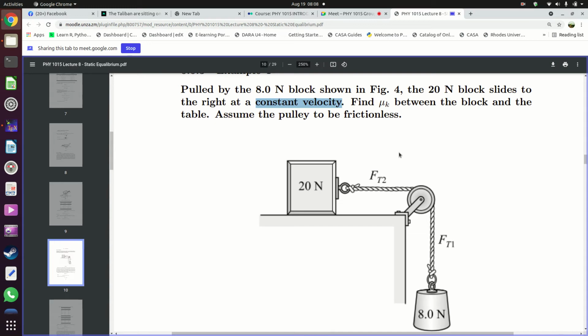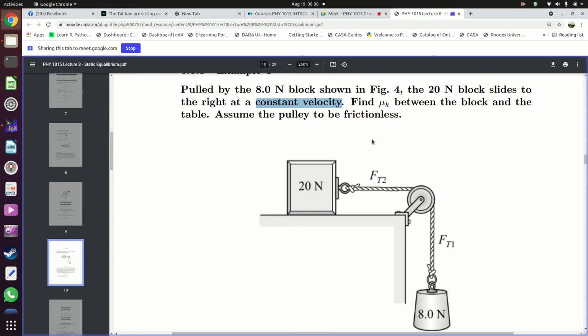So there is no acceleration. Whenever you have equilibrium, you do not have acceleration. If you do not have acceleration, then either the object is motionless, or it is moving, but at constant velocity.